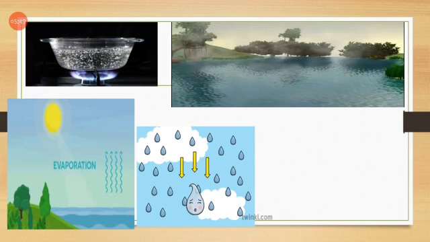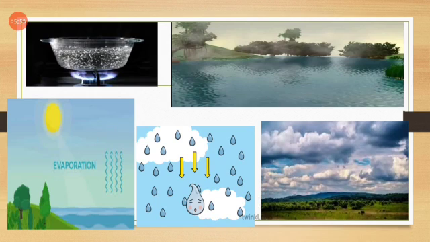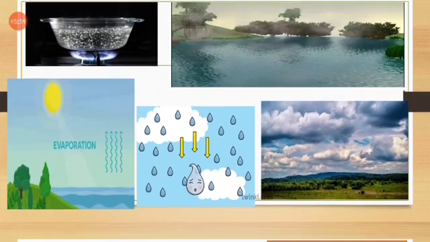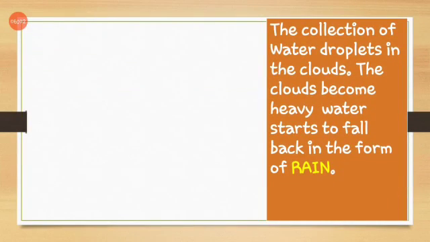The water droplets keep collecting to form clouds. When there is too much collection of water vapor, the cloud becomes heavy. It means the cloud can no longer hold this much amount of water, and water starts to fall down in the form of rain. This process is called precipitation.